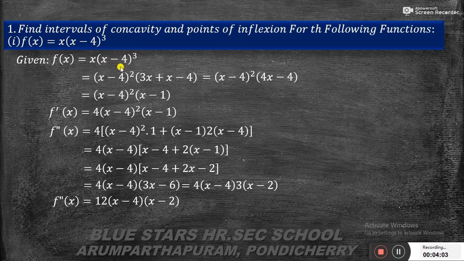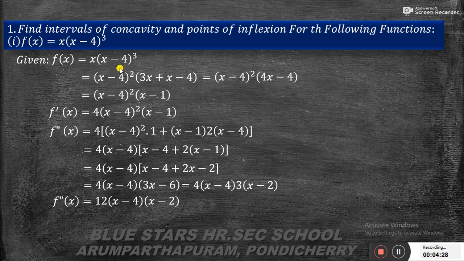So I get the terms: the first term is x into 3 into (x minus 4) whole square, plus the second term (x minus 4) whole cube. From this I take the common factor, which is (x minus 4) whole square. So before step I tell.